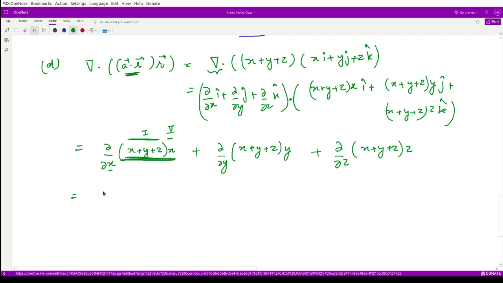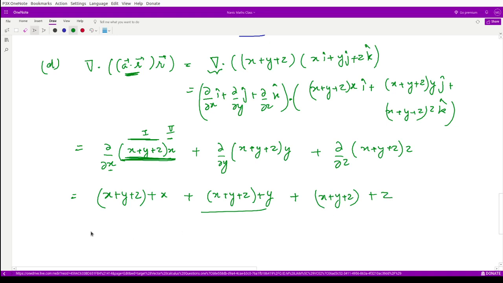So you obtain the value as x plus y plus z plus x, right? This is for the first term. For the second term, you obtain x plus y plus z plus y, and for the third term, you obtain x plus y plus z plus z here. So ultimately, you obtain 4 times x plus y plus z.